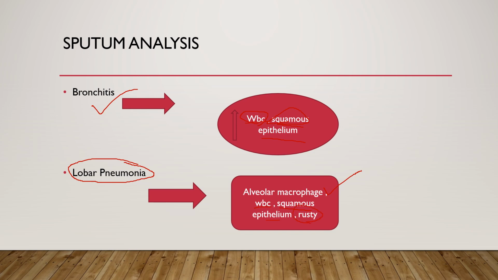So if in the analysis you find a rusty color, alveolar macrophages, and an increase in WBC and squamous epithelium, which we know is an indication of inflammation. We also know that in pneumonia there is inflammation. But with this inflammation, we have the presence of alveolar macrophages and rusty color. So when you see rusty color and alveolar macrophages, we are talking about lobar pneumonia.